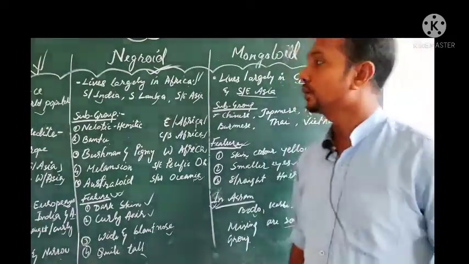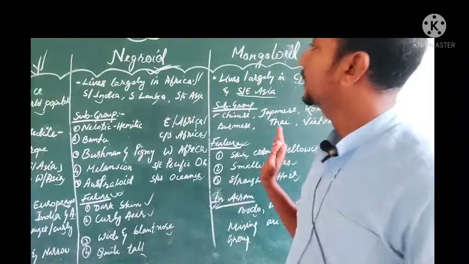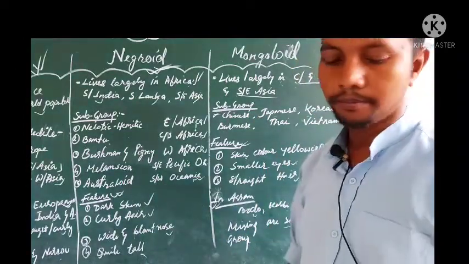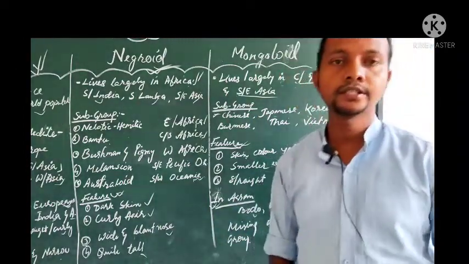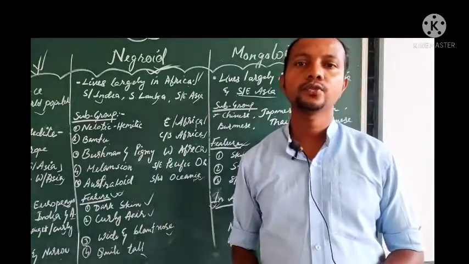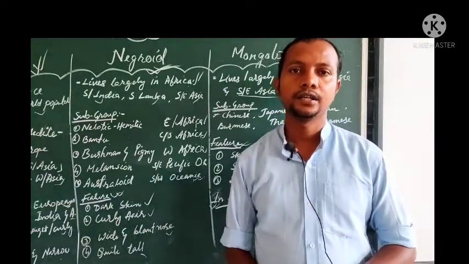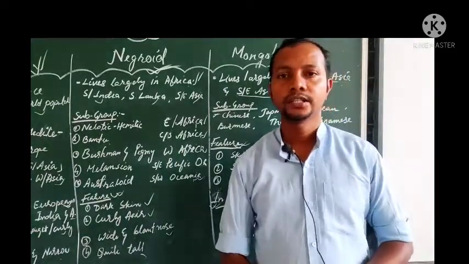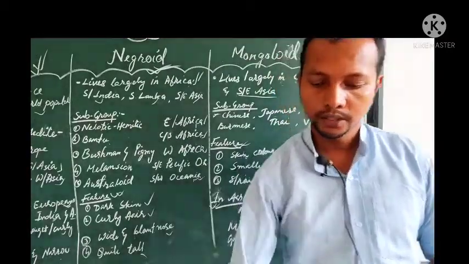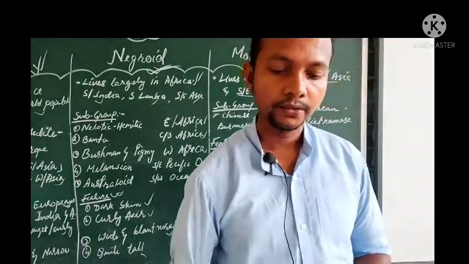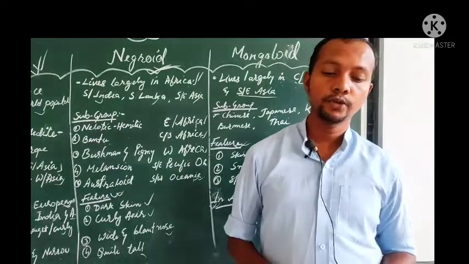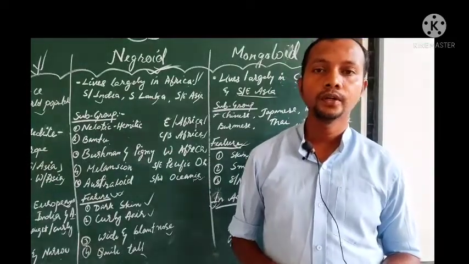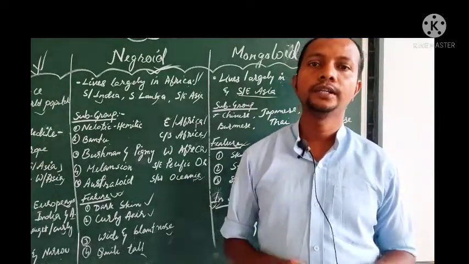Dear friends, so all these three are the major human races we have been seeing in the previous class. And now let us try to see the spread and distribution of these people. How did they spread?